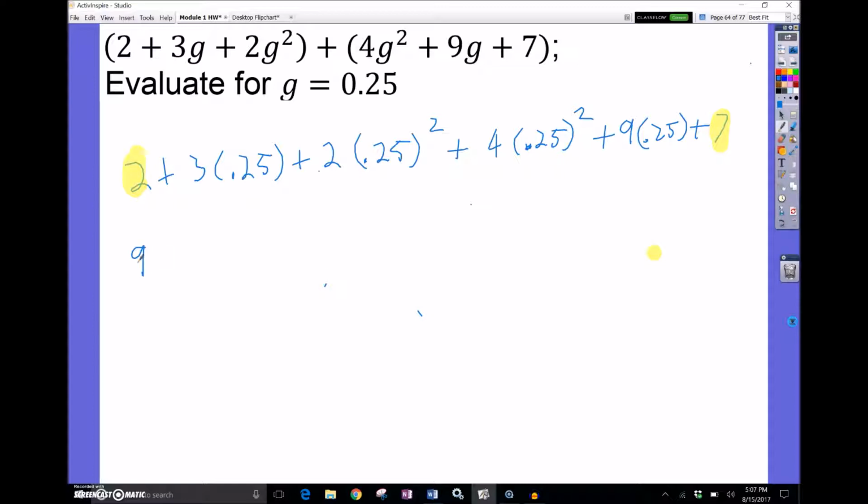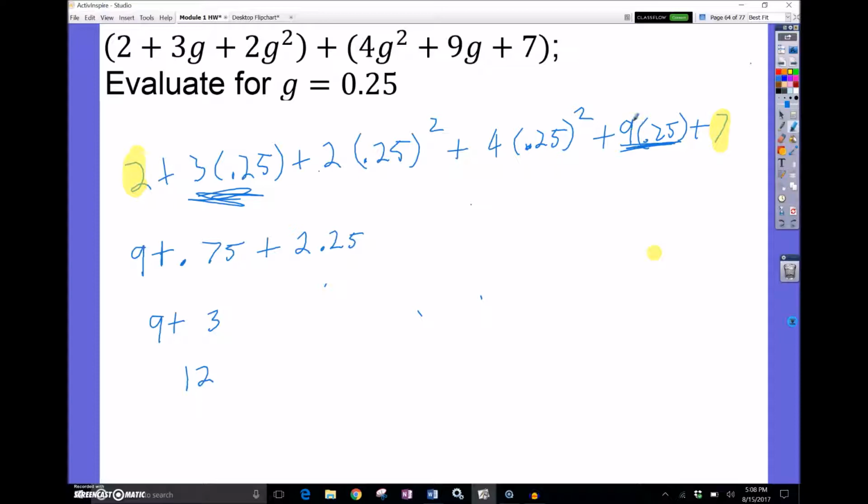Second thing I'm going to do is I am going to multiply 3 times 0.25 and 9 times 0.25. So 3 times 0.25 is 0.75. Plus 9 times 0.25 is 2 and 25/100ths. And I can combine that to 9 plus 3, which is 12.